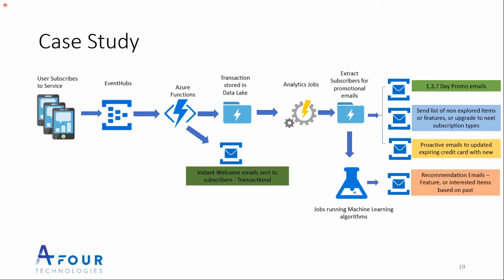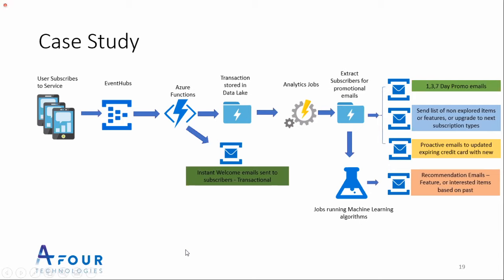Then there is a fourth set of emails which you want to send out, for which you might need to run some kind of algorithms. These algorithms need to be configured somewhere in your data pipelines, wherein they run and send out recommendation emails to your end consumers, like features and items of interest to buy based on past history.